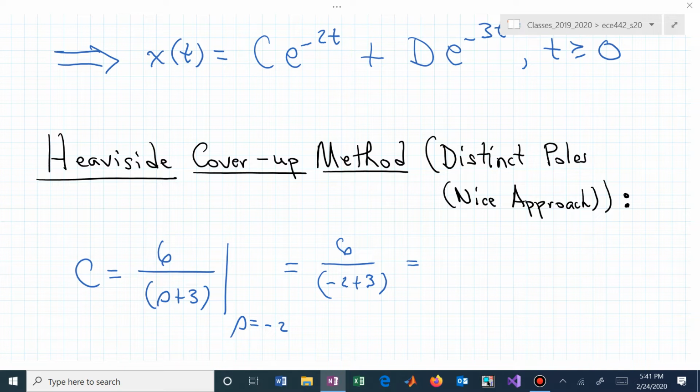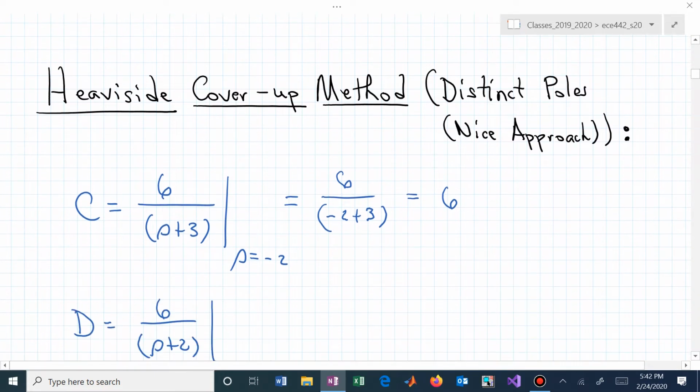That gives me 1. I'm dividing by that, or this is now 6. I've now found c. The cover-up method, if we have distinct roots or distinct poles, allows us to individually or independently find these unknown coefficients. So it's a clean way of doing it. You don't end up with coupled equations.